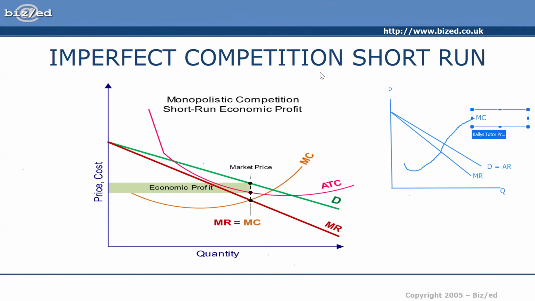Remember what is linked is marginal cost and marginal revenue, the two M's. We operate where marginal cost is equal to marginal revenue. So we are operating at this point here, where our marginal cost is equal to marginal revenue. So we are going to produce this amount of goods.